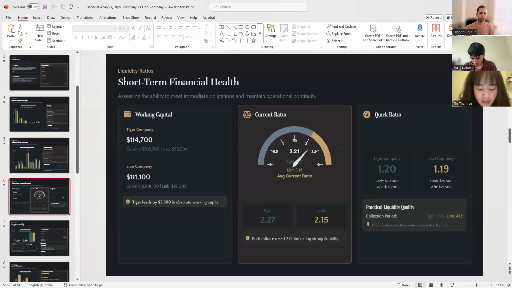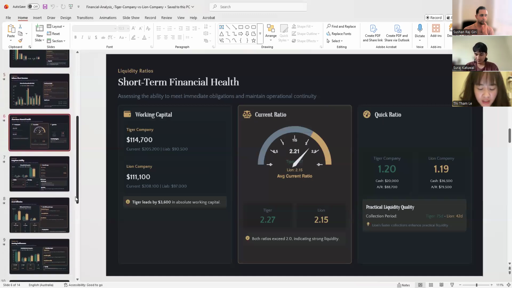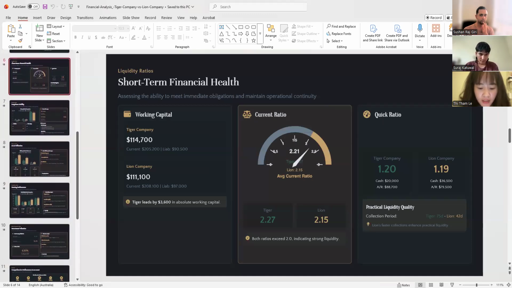And next slide, we examine the balance sheet structure using vertical analysis. Lion Company has a higher proportion of property, plant, and equipment at 54.81% compared to Tiger 46.28%, indicating a more capital-intensive operation. Tiger has a higher accounts receivable proportion, which may signal slower collection or weaker credit management.